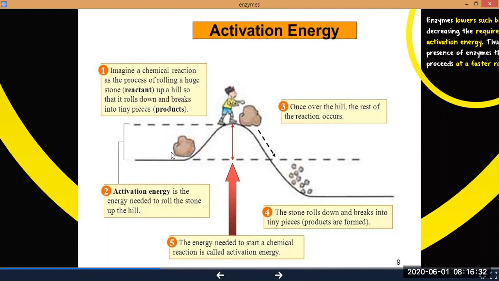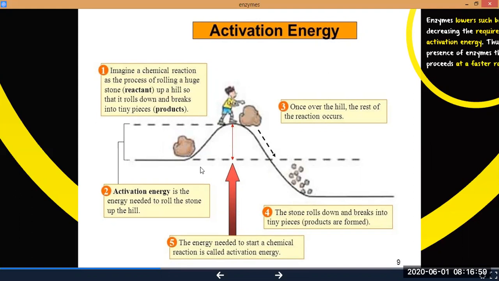He is going to spend a lot of energy to push that stone, and as soon as that person reaches the peak, the stone will roll over the hill on its own and break into pieces. What I'm trying to tell here is that in every reaction, you have to push that stone. You have to spend the energy to start a reaction.